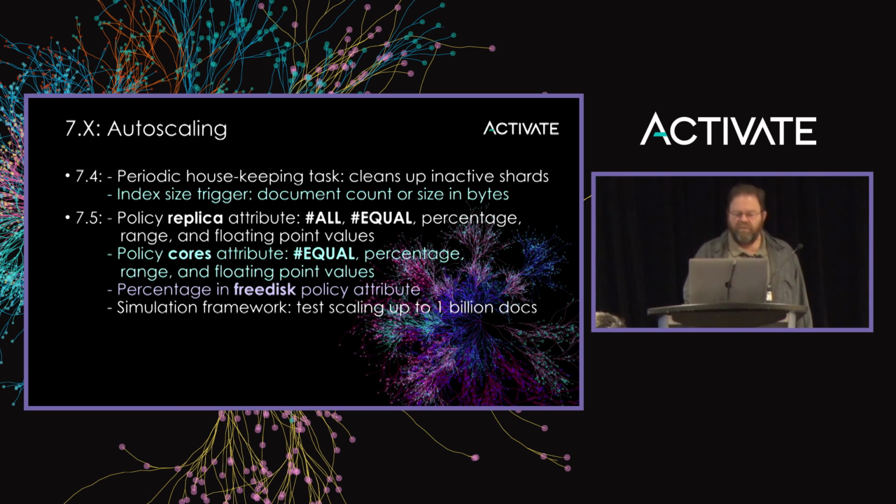In 7.5, several new features were added to make the policy rules more flexible. In the replica attribute, the capability of selecting all of the replicas and saying that they should be targeted at a particular set of nodes, for example, was added.